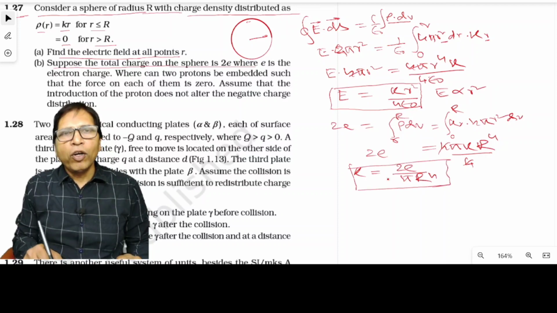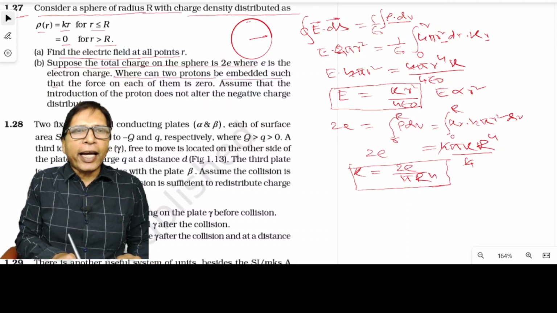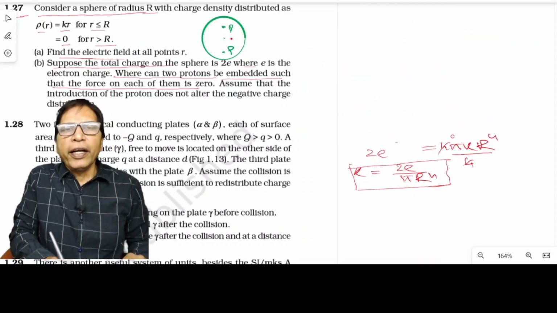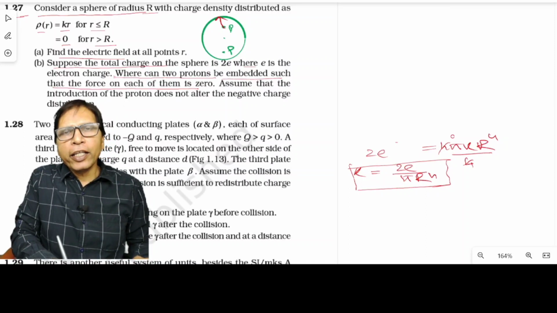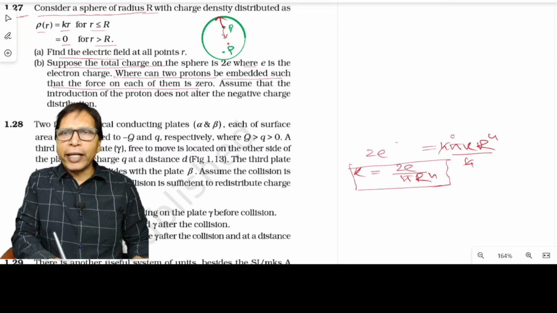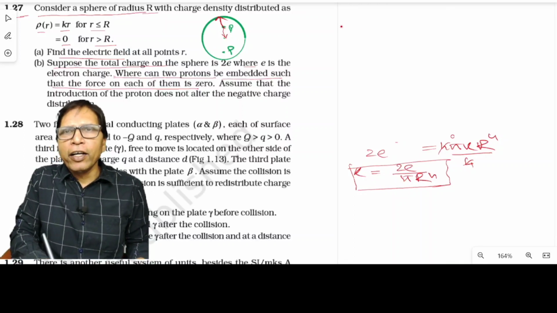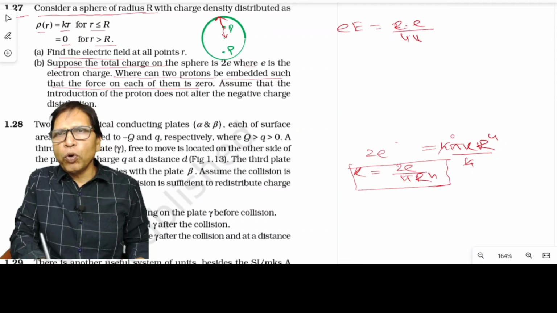Okay, no problem. Now, where can two protons be embedded such that the force on each of them is 0? Look at this: the net force on the proton is the electrostatic repulsive force and the force due to the electric field. The force due to the electric field is e into E, and the repulsive force is e into e divided by 4 pi epsilon naught into (2r) whole square.